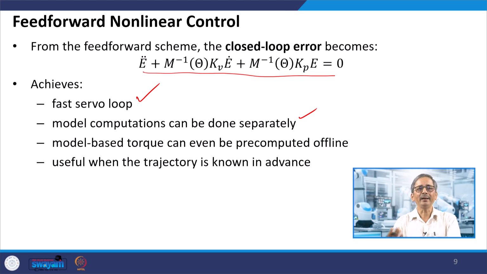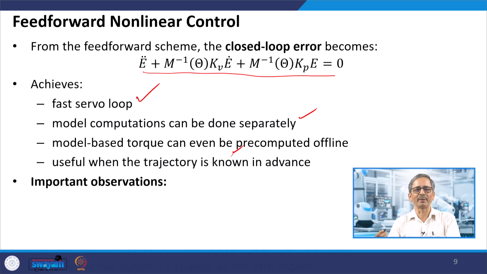The model based torque can even be pre-computed offline, and then those values can be added up with the servo loop. And of course this is very useful when the trajectory is known in advance.